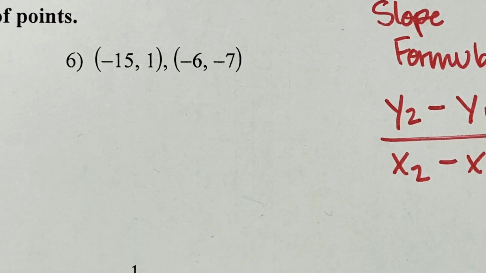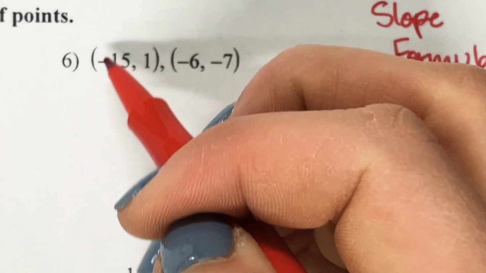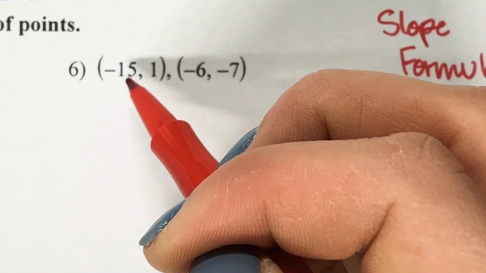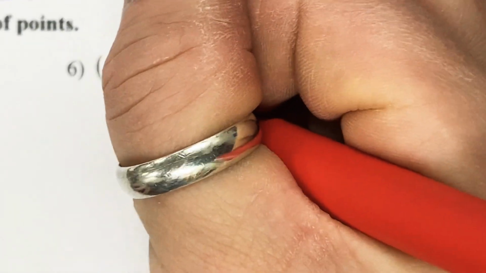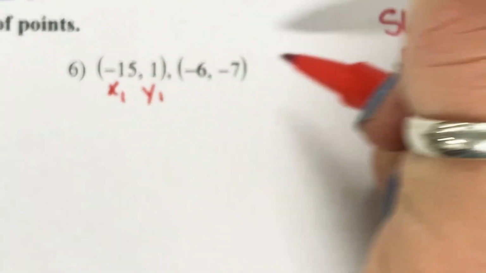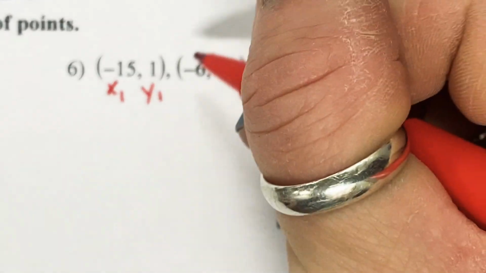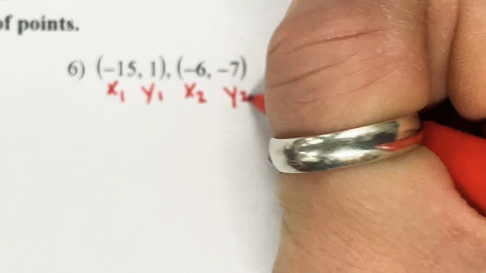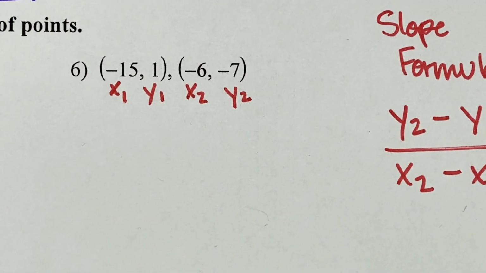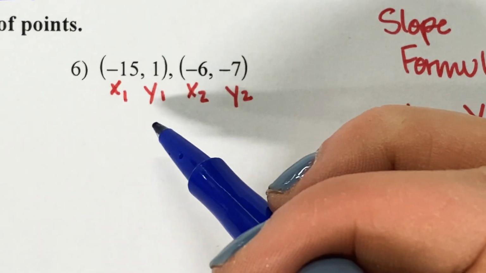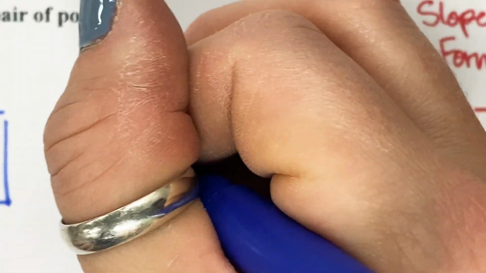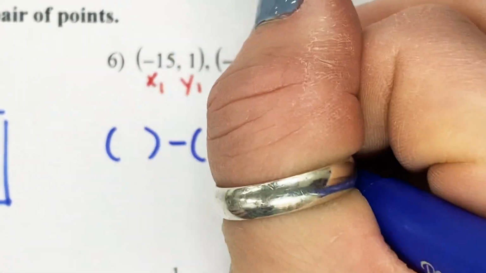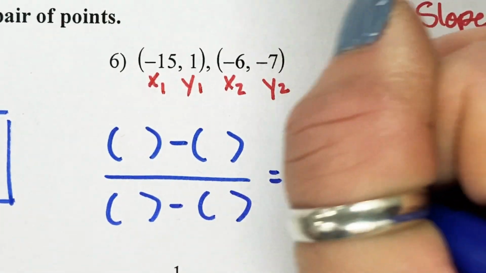First thing we got to do is label our x1s, y1s, x2s, and y2s. If this is my first coordinate point, -15, 1, that means this is my x1 and my y1. If this is my second coordinate point, this means this is my x2 and my y2. Now let's fill in our formula. y2 minus y1 over x2 minus x1, and what are we going to get?